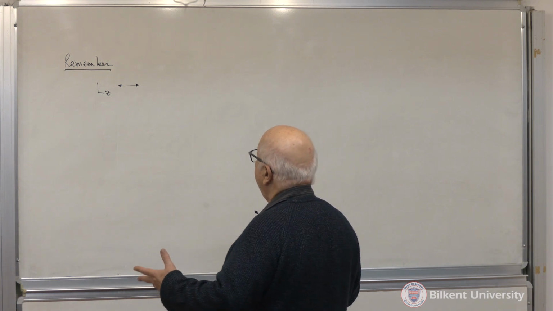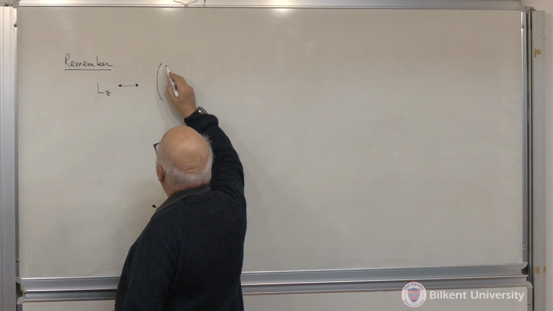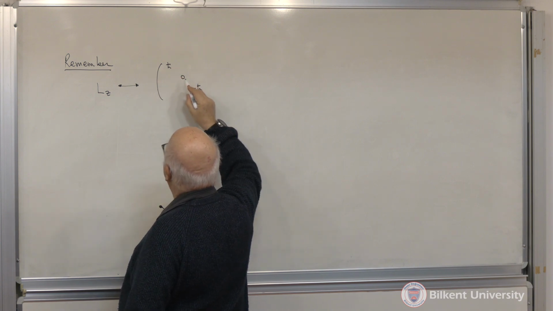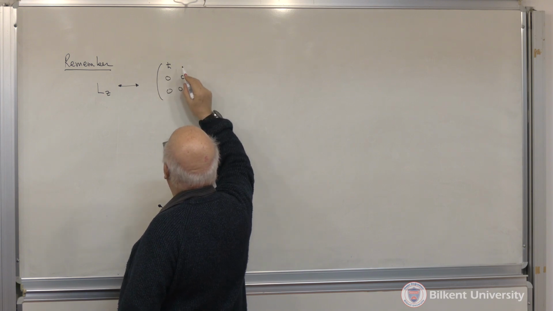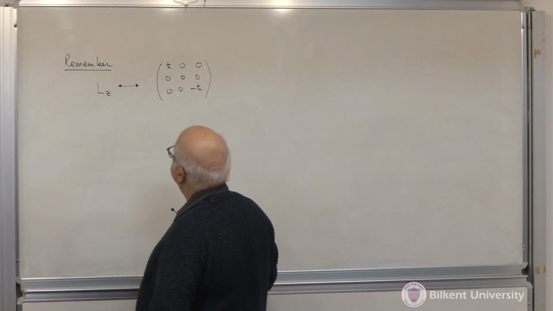So in their own basis, these operators are all diagonal. So remember we had this h bar, 0, minus h bar. These are the possible values of the eigenvalue, and we have this diagonal matrix.